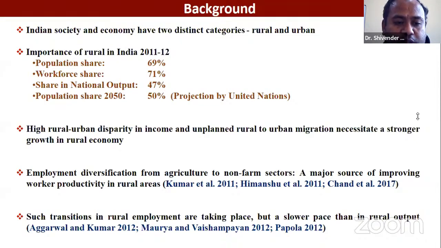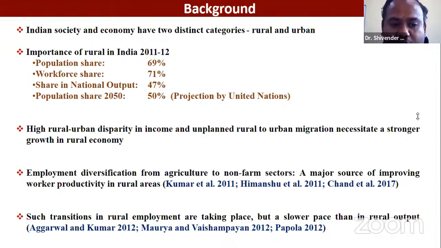Because if you see some other indicators, like worker productivity, a study conducted by us showed that an average worker working in urban areas earns almost 3 times higher as compared to a worker working in rural areas. And that's why there is a lot of rural-urban disparity in income, and because of the higher earning in urban areas, there is an unplanned rural to urban migration.